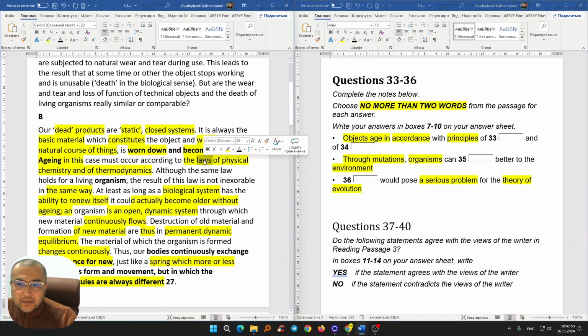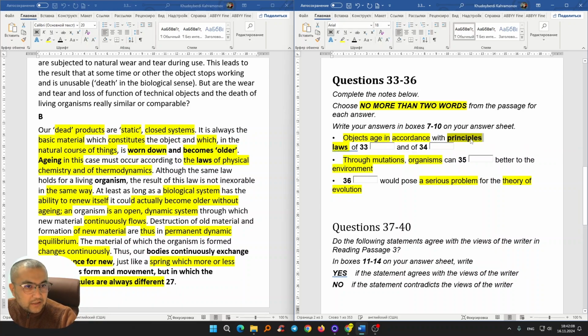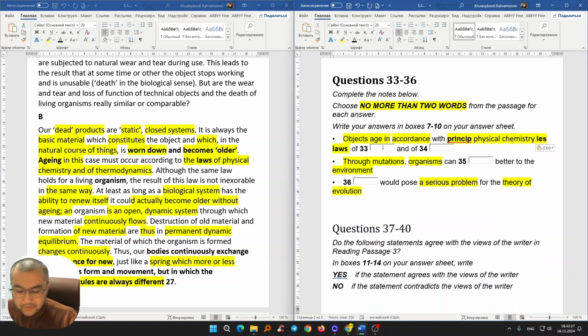See, as long as you have a perfect vocabulary, you can figure out any synonyms in the question. So principle is a synonym of law. And we have law, we have principles, and physical chemistry and thermodynamics, right? So this is the reason why I am putting thermodynamics here.